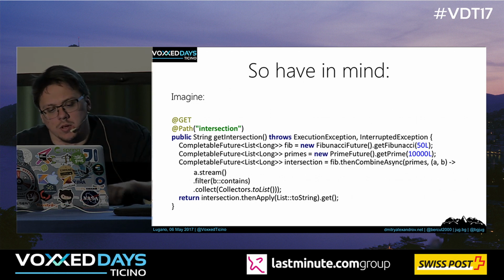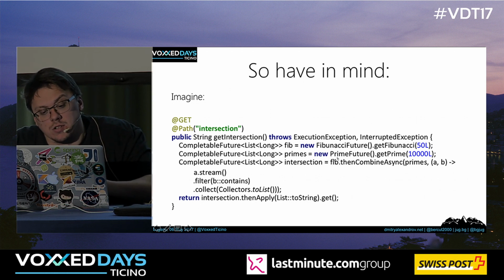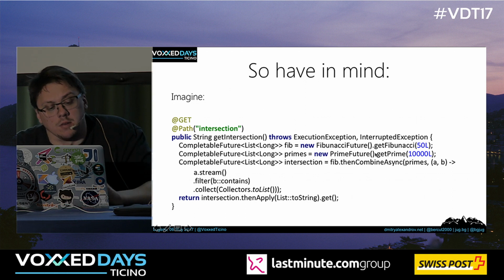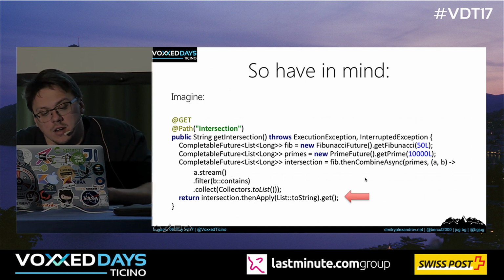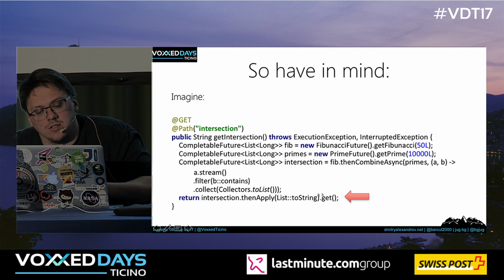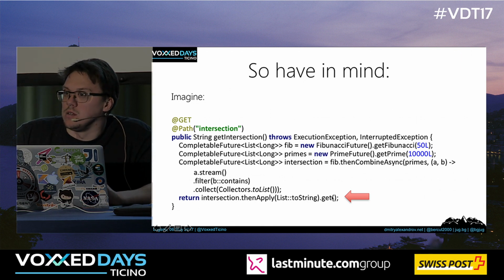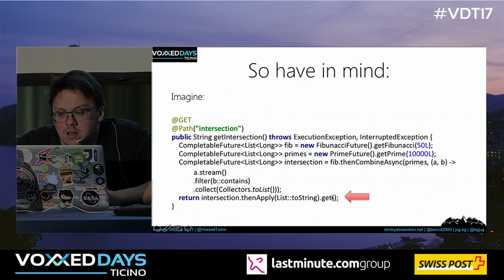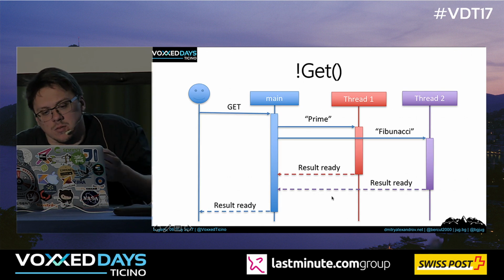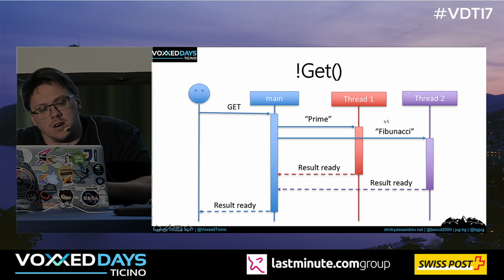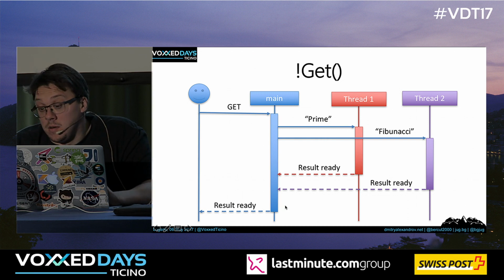One of the options is to make completable futures and calculate everything, make the intersections, but then you have to return something. You still have to call the get function at some point because you have to return a string. And you see what's happening inside: something calculates primes, something calculates Fibonacci, but the main function is still waiting there.